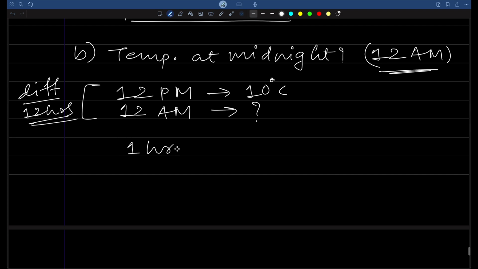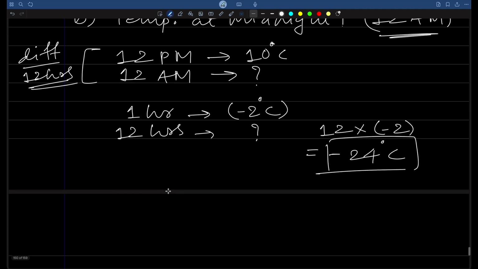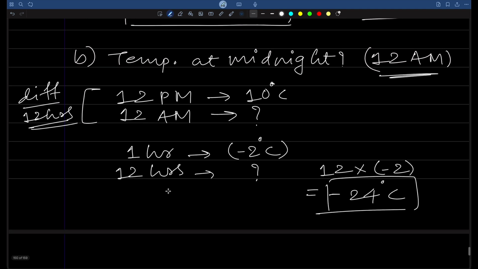In 1 hour the temperature decreases by 2 degrees Celsius, that is minus 2 degrees Celsius. In 12 hours temperature decreases by how many degrees Celsius? That is 12 into minus 2 degrees Celsius, plus into minus is minus, 12 into 2 is 24. So in 12 hours temperature drops by minus 24 degrees Celsius.